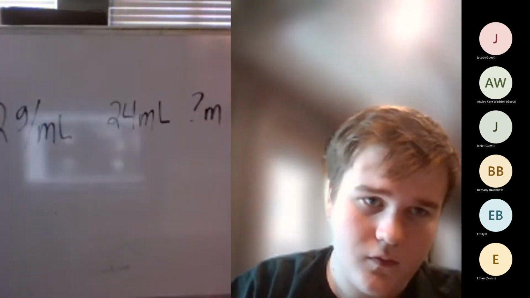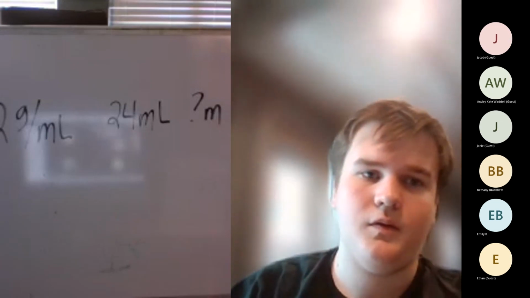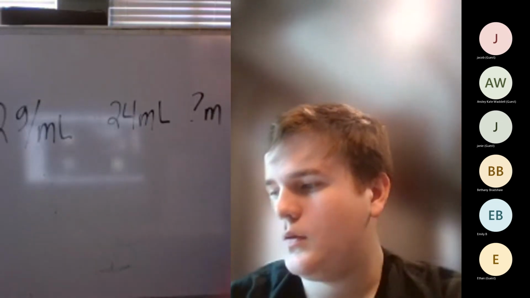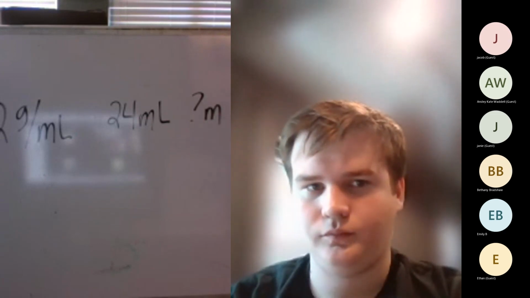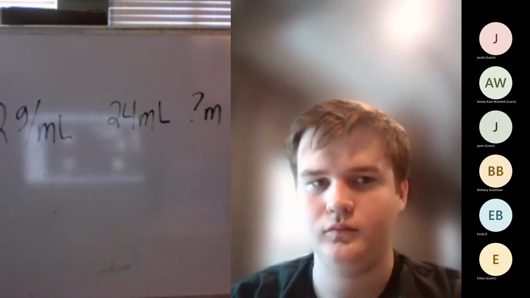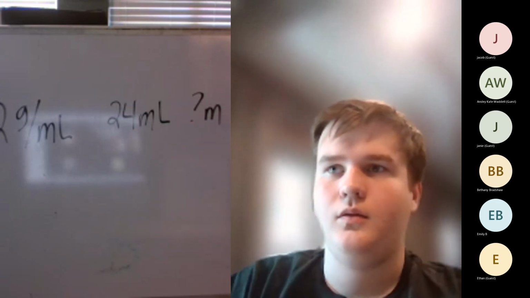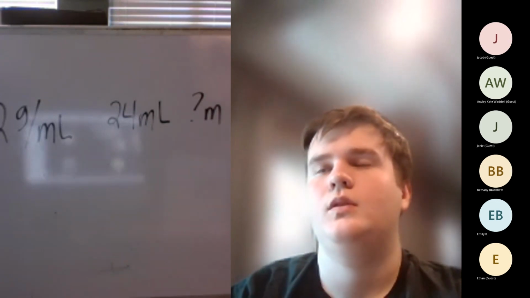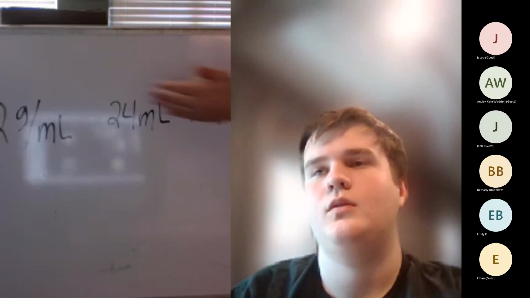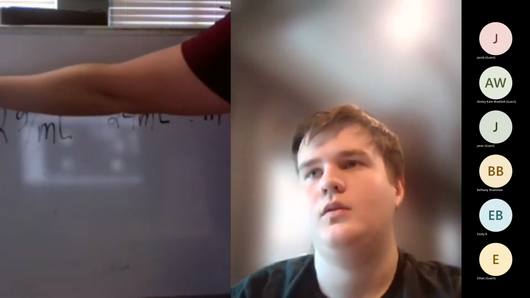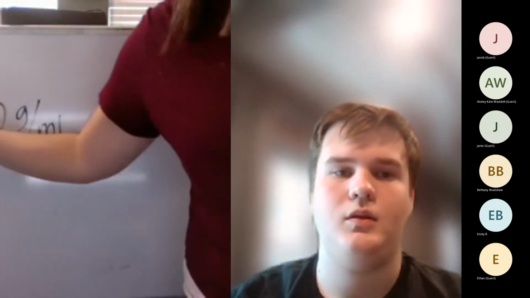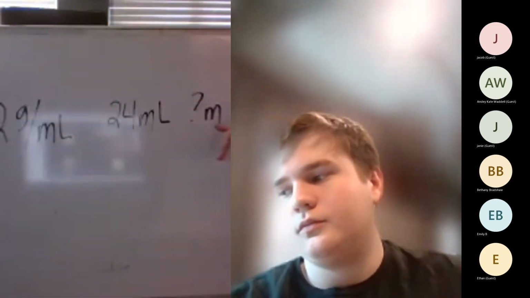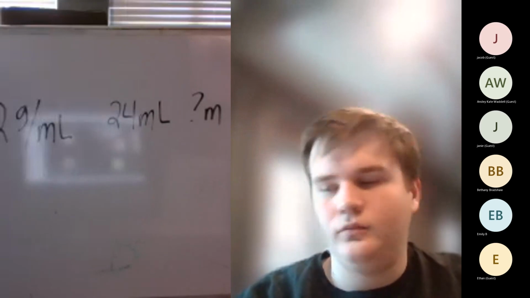And I wanted to know how much that would weigh. So let's say we have a substance that has a density of 2 grams per milliliter, and I hand you a beaker that has 24 milliliters of that, and I wanted to know exactly how much that would weigh. How could I use this information and my relationship that I know exists between mass and density and volume? How could I solve for my mass?